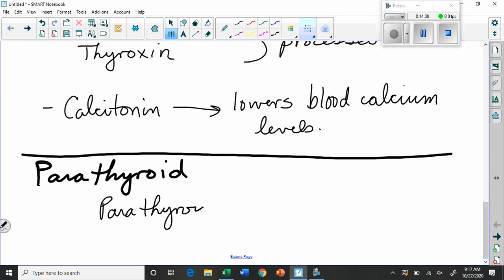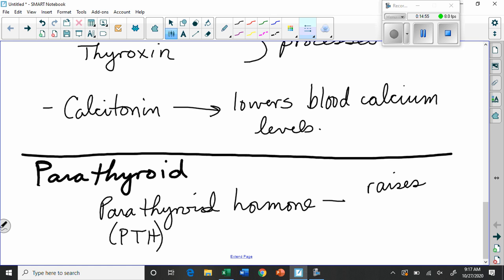Parathyroid hormone, which is sometimes called PTH. Parathyroid hormone raises blood calcium levels. So we're going to use this one as an example later.